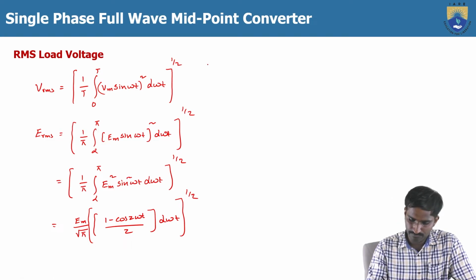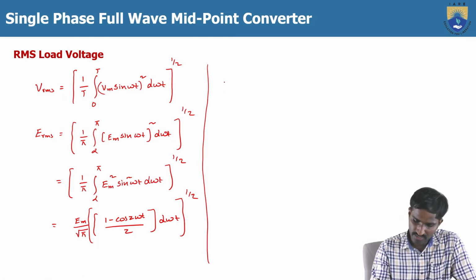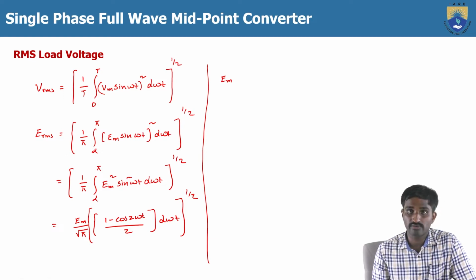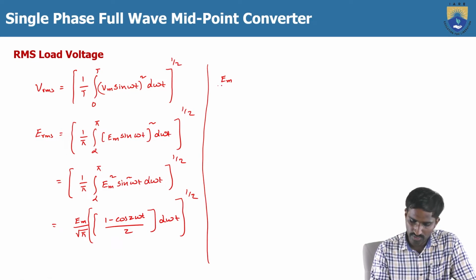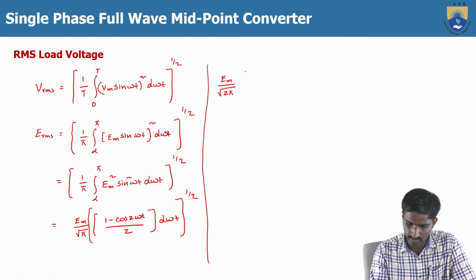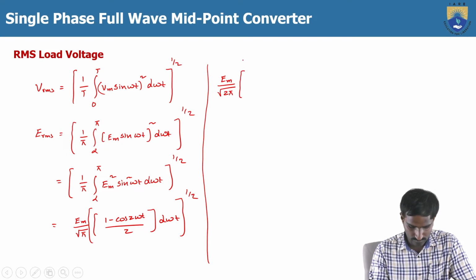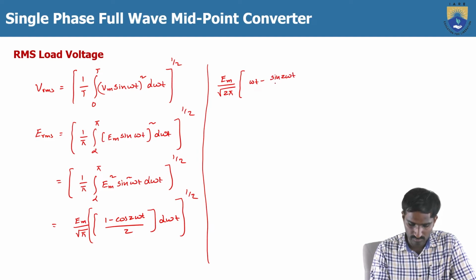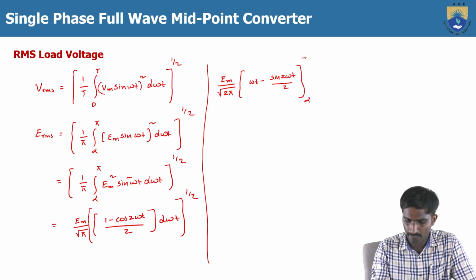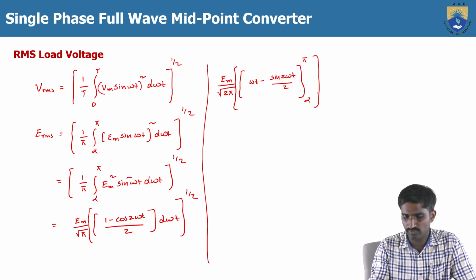Then we will get Em by root 2 pi, taking the 2 common because I am taking it from the 1 by 2, into the integral of 1, which is omega t, minus the integral of cos 2 omega t, which is sine 2 omega t by 2, with the limits of alpha to pi, and whole to the power of again 1 by 2.